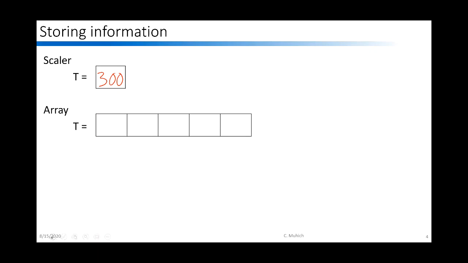So we're going to call this new variable type an array. We can still use our variable t, but this time we're going to store multiple pieces of information within t. I'm demonstrating that by showing that t is equal to these multiple boxes. So we could put, say, 100, 200, 300, 400, and 500 all within this array.